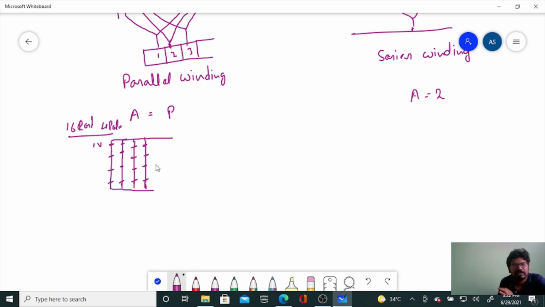There are 4 conductors in one path, so the voltage here will be 4 volt. Now if 1 ampere current is produced in one parallel path, then there are 4 paths, so the current I will be 1 plus 1 plus 1 plus 1, 4 ampere.